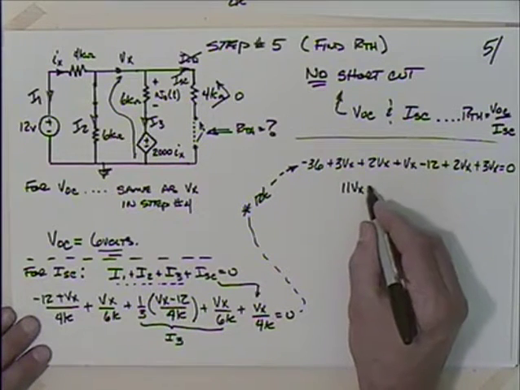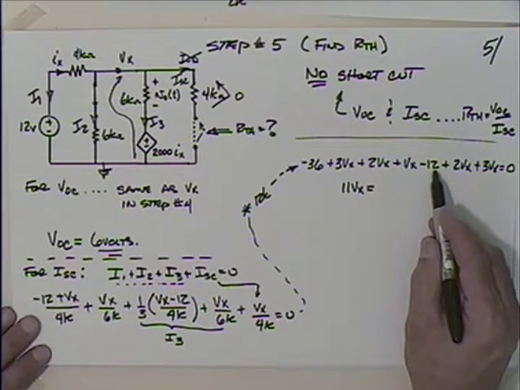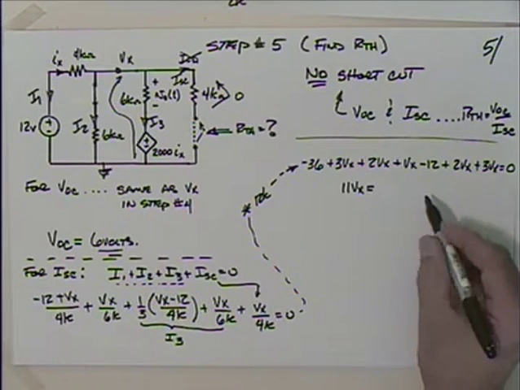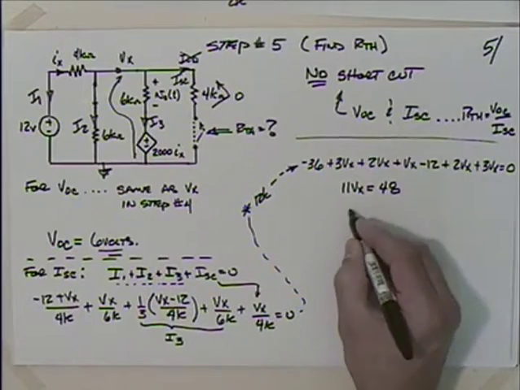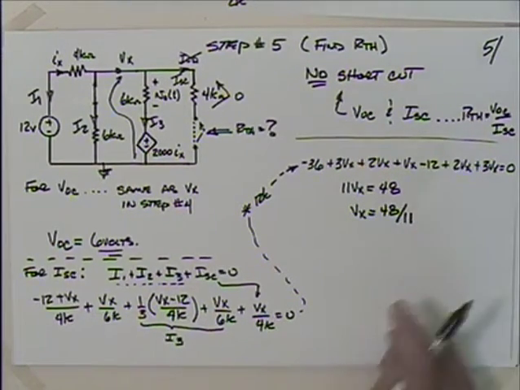11 Vx is equal to 36 on the other side, 48. Is that right? Yeah. So Vx is equal to 48 divided by 11.